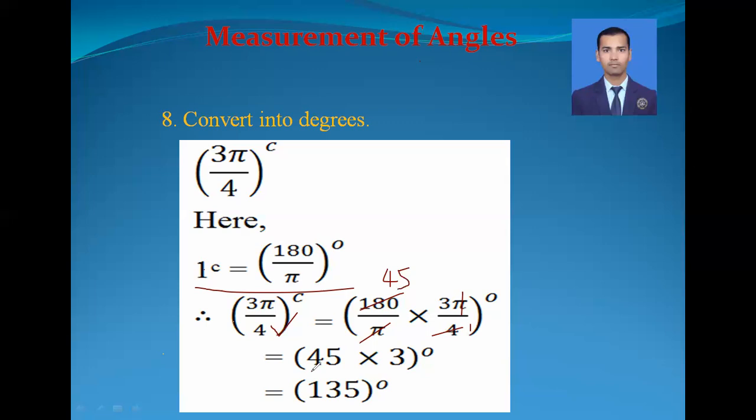So 45 into 3 degree is equal to 135 degree. In this way, you can solve the questions related to this. I hope you are understanding it. You need to practice it more.